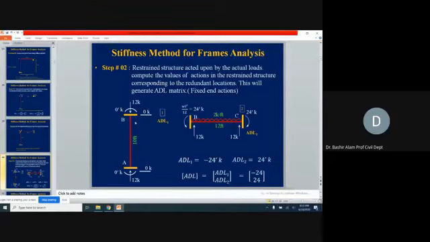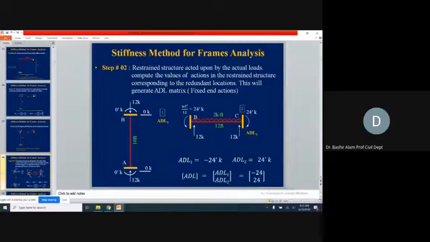In that case, we have plus 4 minus 24, so the result will be minus 20. You will have to take the algebraic sum, and whatever the end sign you get, you will have to put that sign along with the magnitude. So easily now you can find out your ADL1 and ADL2.